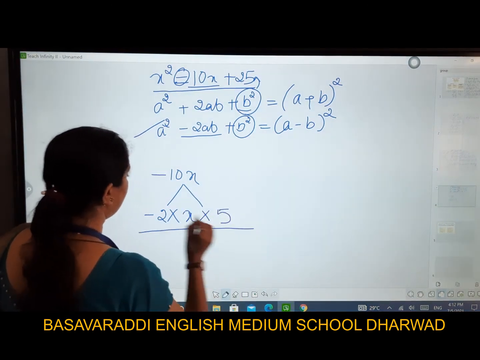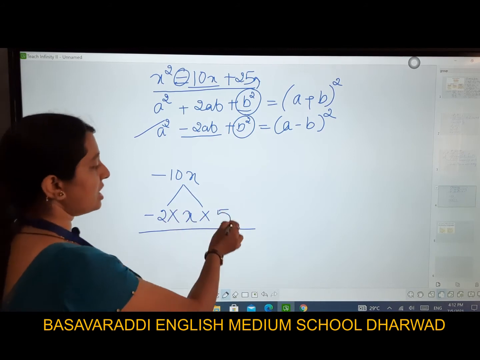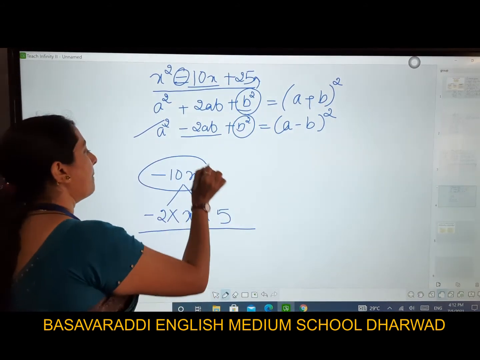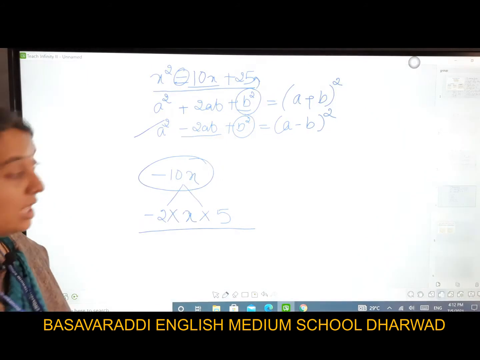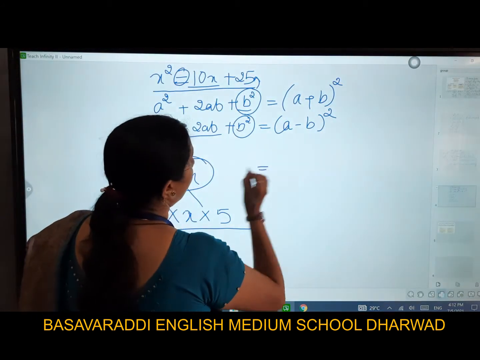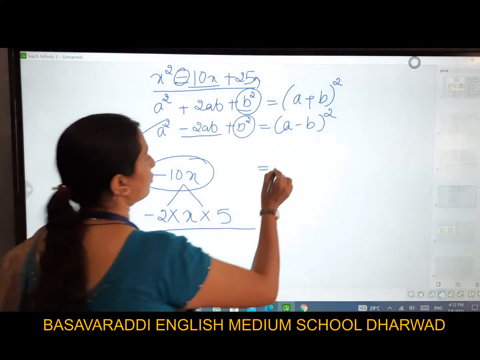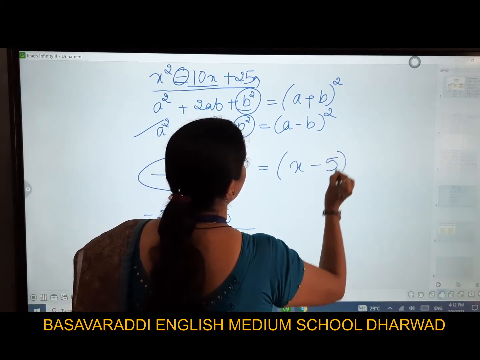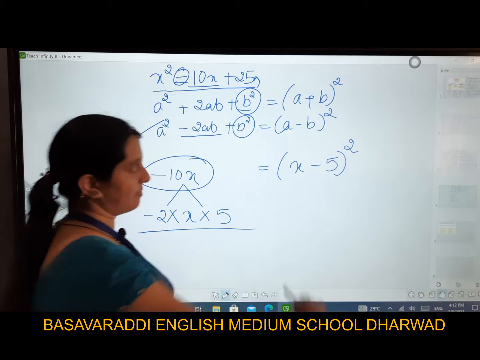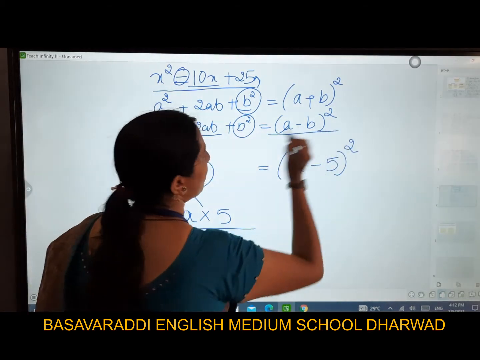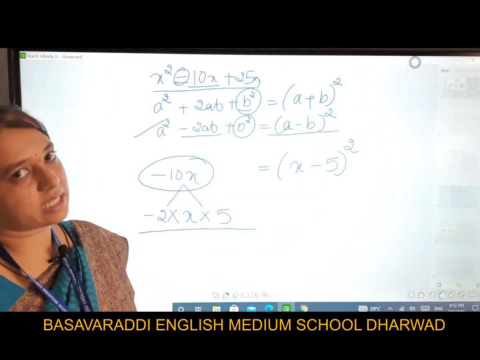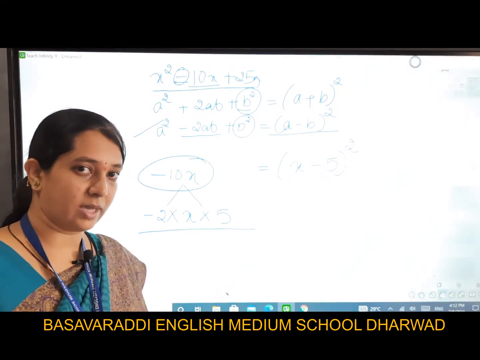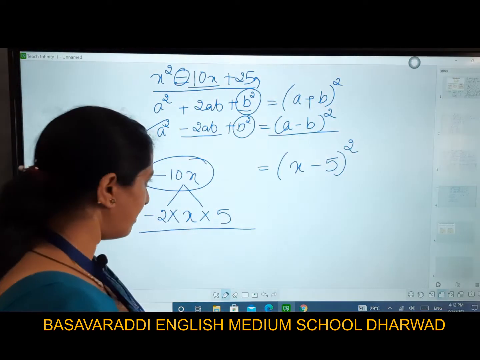So when I multiply minus 2x into 5, that will give me minus 10x. So the perfect square here would be x minus 5 whole square, because a minus b whole square, x minus 5 whole square. Understood this one?